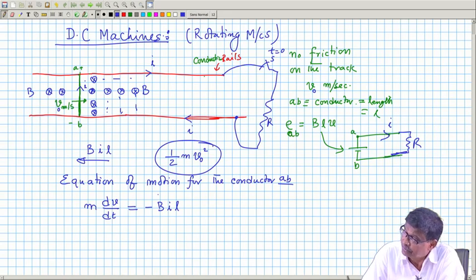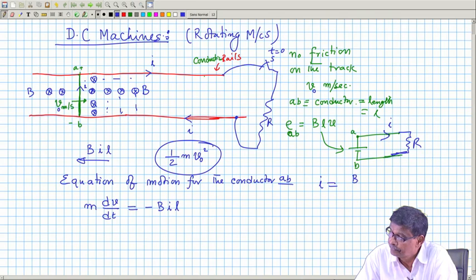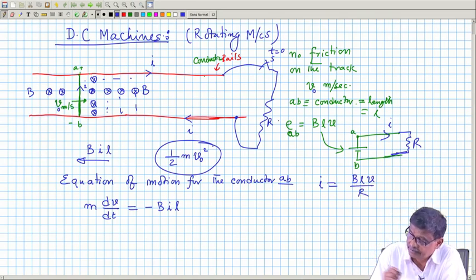Now, the question is, what is I? In a very simple circuit, I is BLV over R, where R is the resistance. So, I put that.